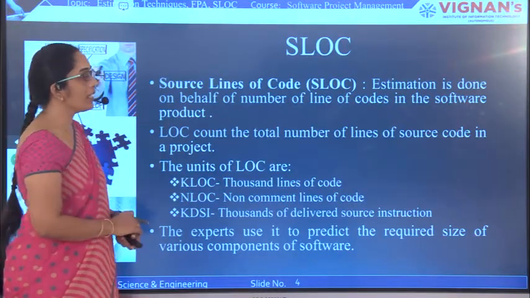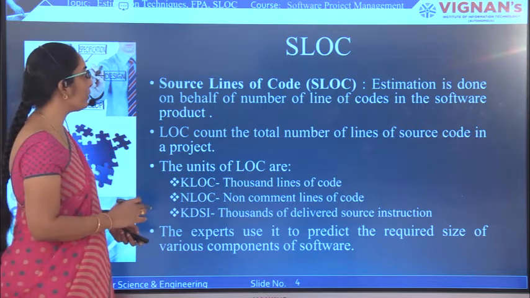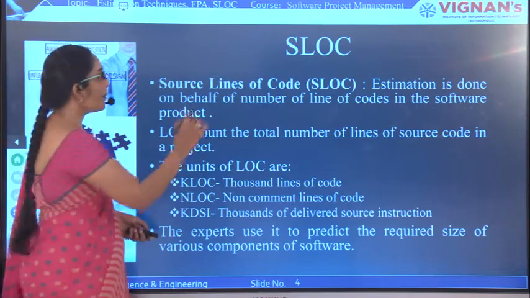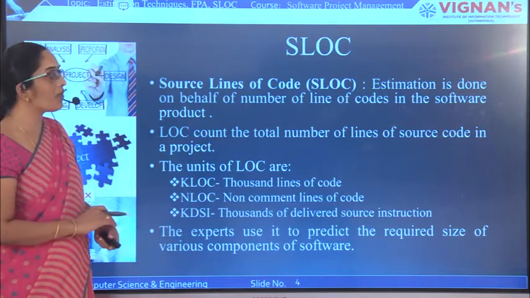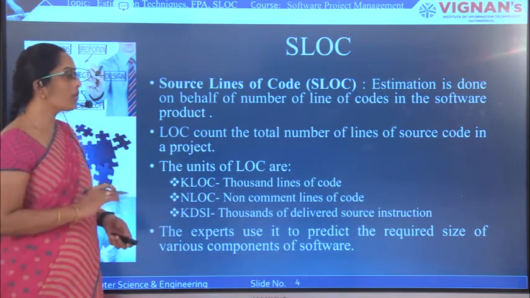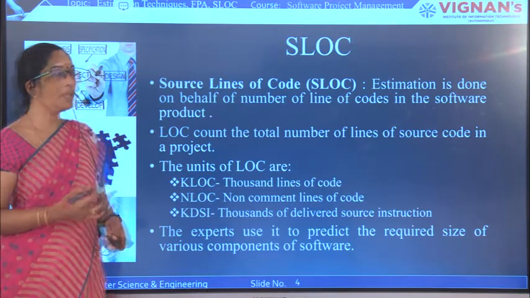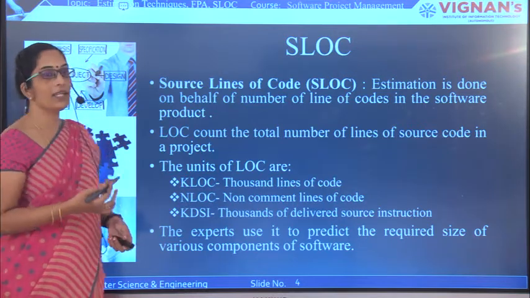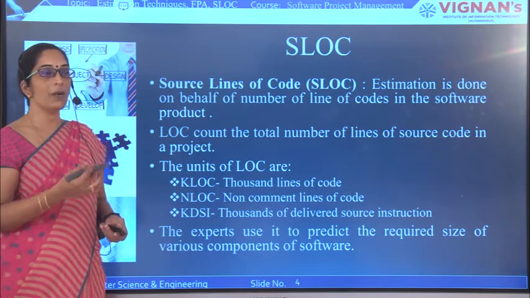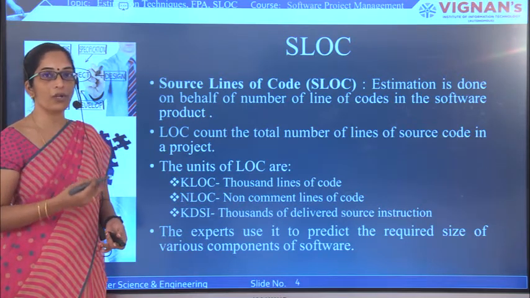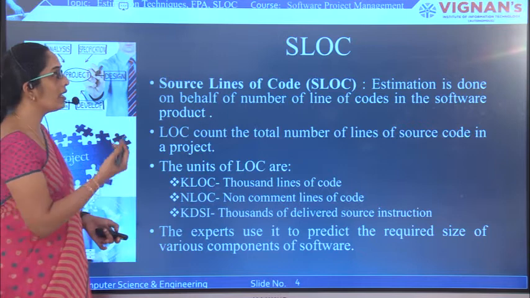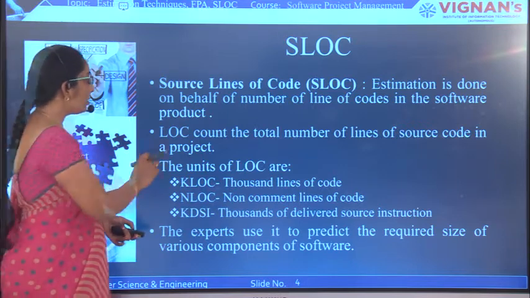Now let us see what is SLOC. SLOC is nothing but source lines of code. Estimation is done on the number of lines of code in the software product. So for example, if my program contains 10 lines of code, then SLOC or LOC is nothing but 10. That means the number of lines that are written in the program will be counted as the lines of code.